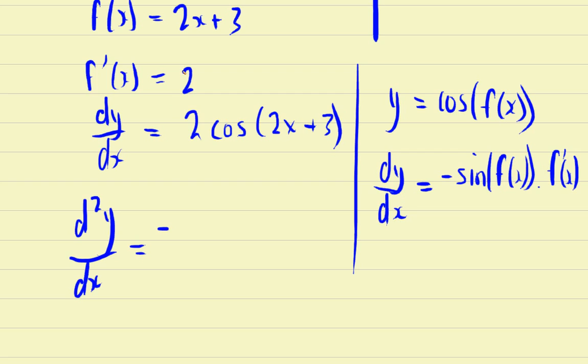You multiply that again by 2 from f of x to give you 4. The derivative of a cos function is negative sine, and you have 2x plus 3. Okay, the second derivative ends up being negative 4 sine of 2x plus 3.